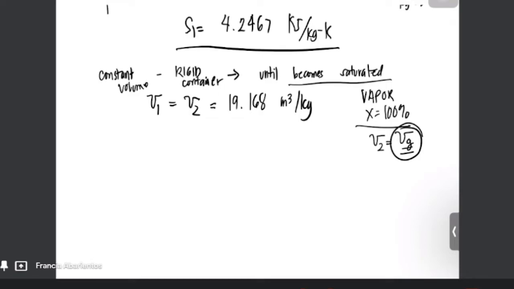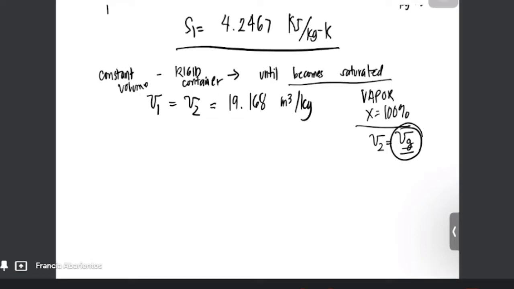Pero ngayon, ang state point na natin, same temperature pa rin po ba hanggang maging saturated? No. Hindi na po siya same temperature. Ang mangyayari na lang, ang constant lang is yung volume. Kasi kung sinabi kong constant yung temperature, that is an isothermal process.